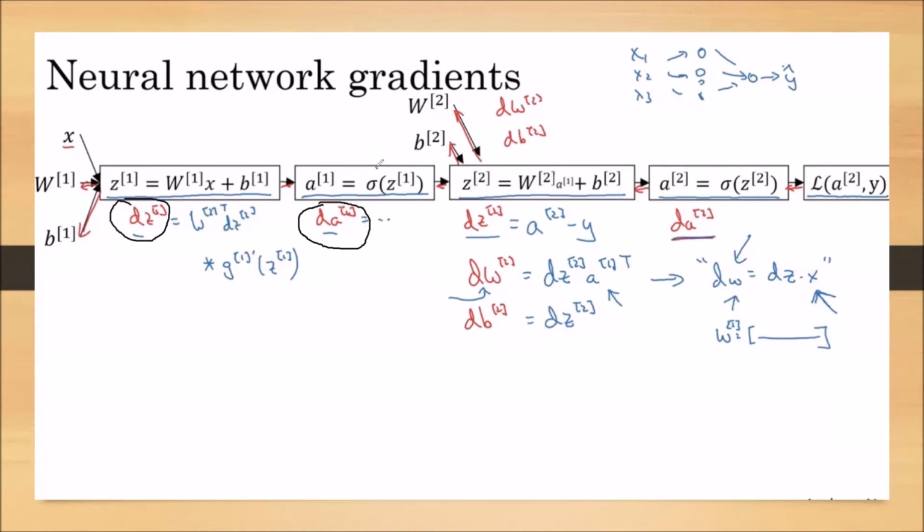Remember here, even though we have taken sigma, the activation function may be either tanh or a rectified linear unit. That's why we simply write the differentiation with a prime: g1 prime of z superscript 1. We are not specifying what g is. We don't know whether it is a sigmoid function or a tanh function.